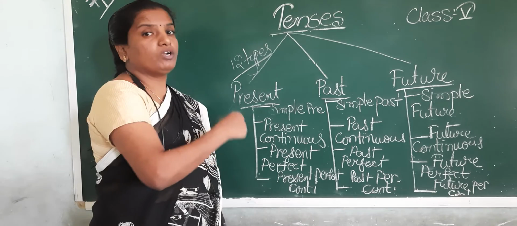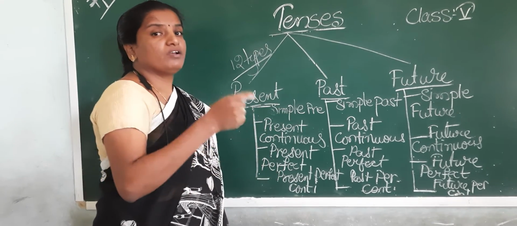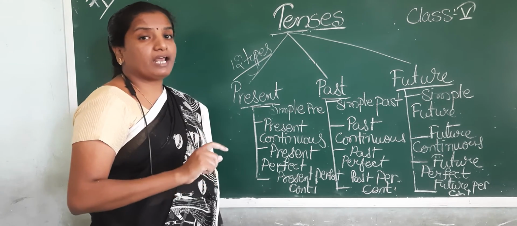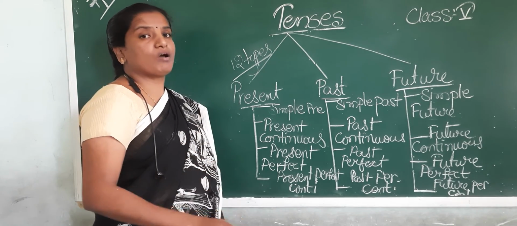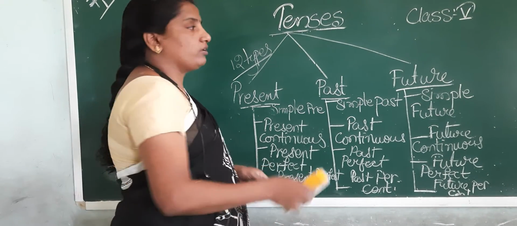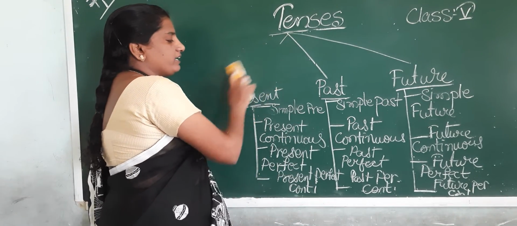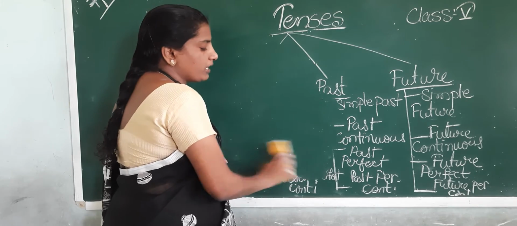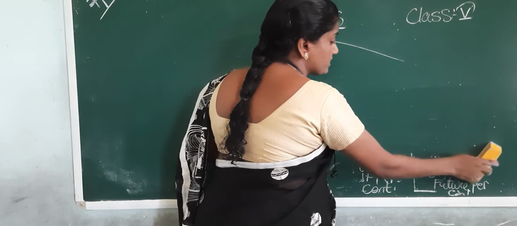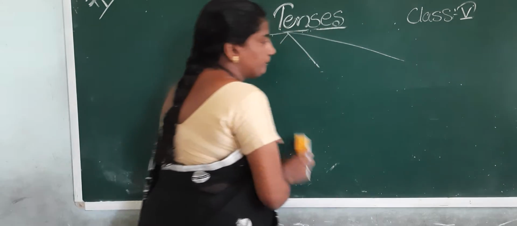So in total we have here 12 types of tenses. How many types? 12 types of tenses. Let us have a look one by one. Today we will give the clarification about present. Only we will discuss, children, today the present and the structure.